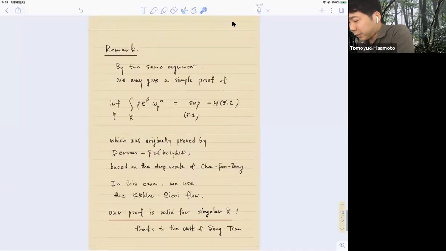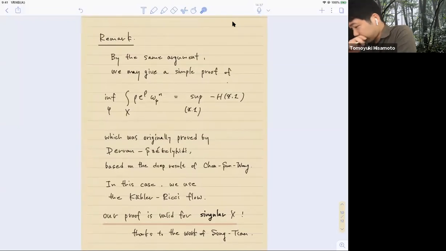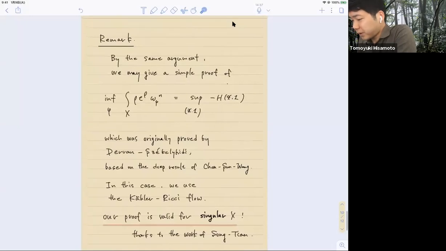So the final remark is about another formulation. By using almost the same argument, we can give a simple proof for the corresponding equality for the infimum of the entropy functional.